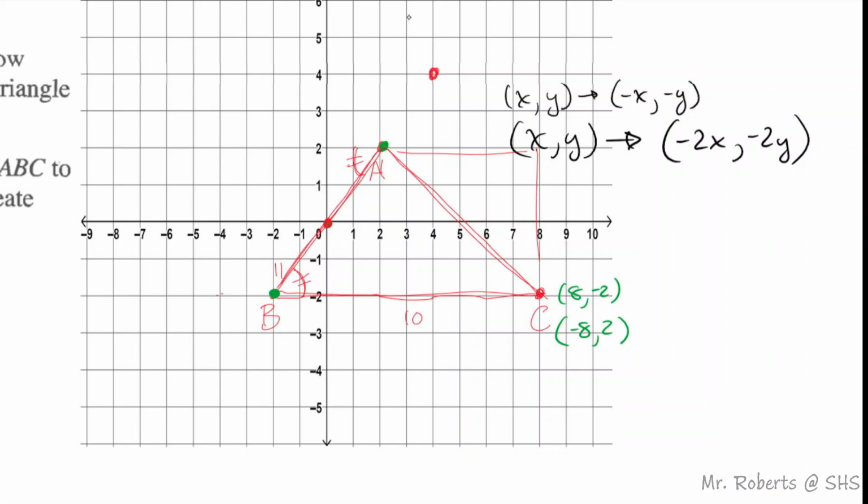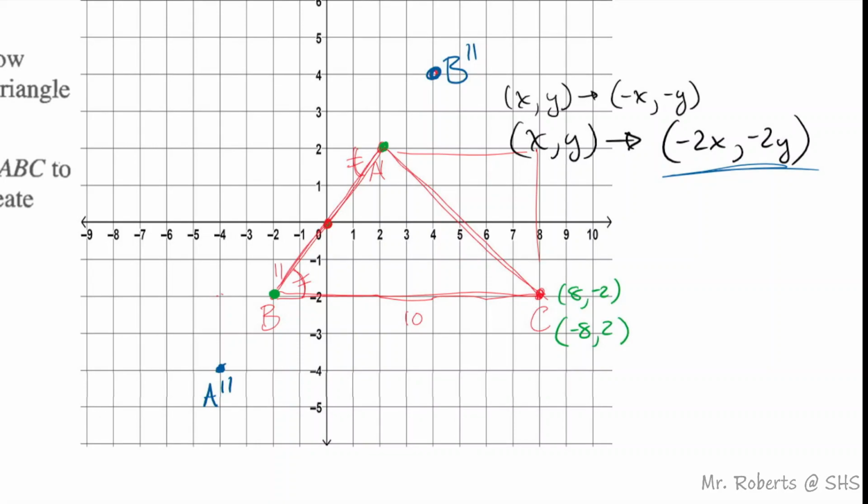I guess I'll use a blue pen. This is going to be B double prime. And A, right, A was at 2, 2, and this rule says it's going to go to -4, -4. So this is now the location of A. So it's going to be A double prime.